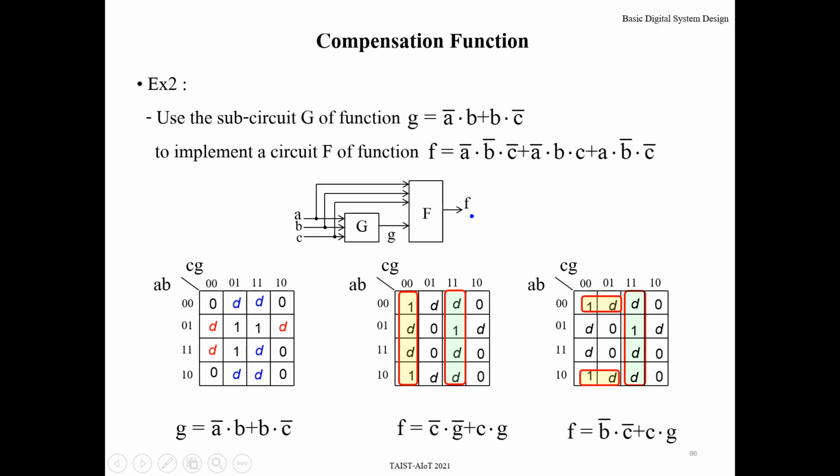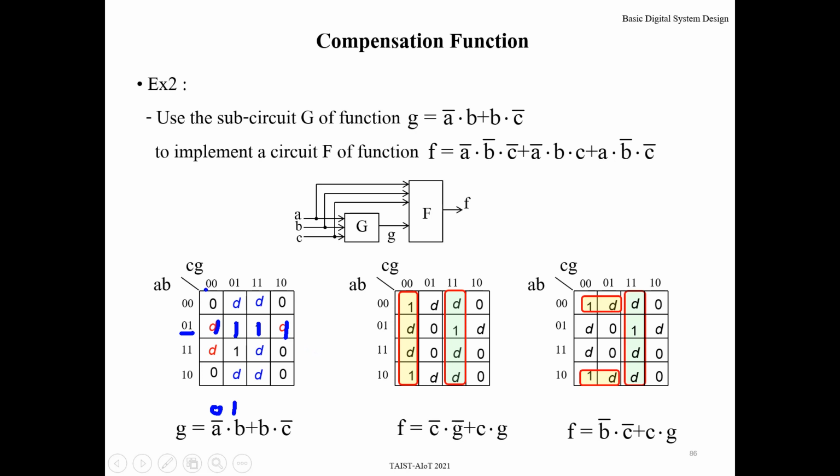Now because there are 4 inputs of this circuit, I generate a K-map with these 4 variables A, B, C, and T. Based on this function, T will be 1 when A is 0, B is 1. It should be 1 1 1 1 here, right?